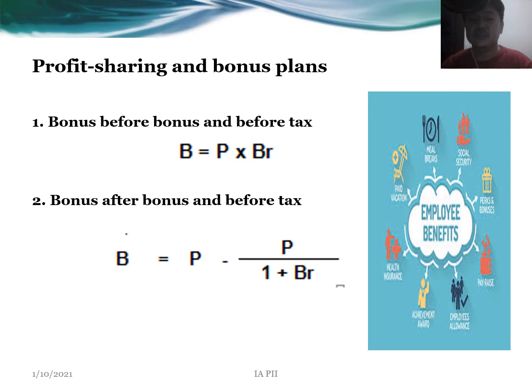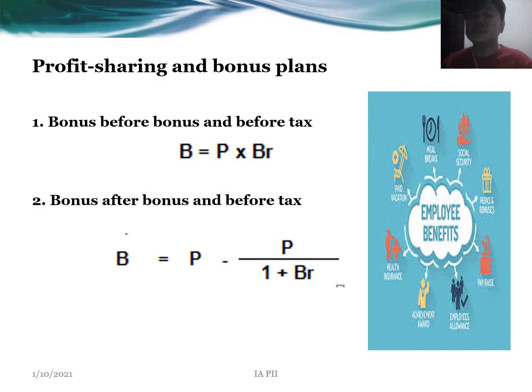If you analyze it carefully, the profit that still includes the bonus is equivalent to 1 plus the bonus rate. Then when you subtract, the applicable bonus is removed.